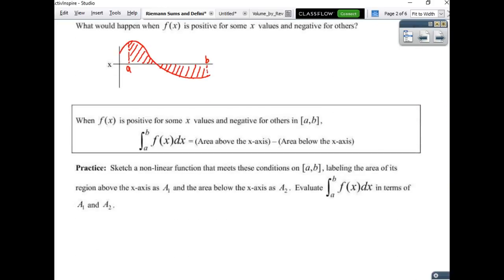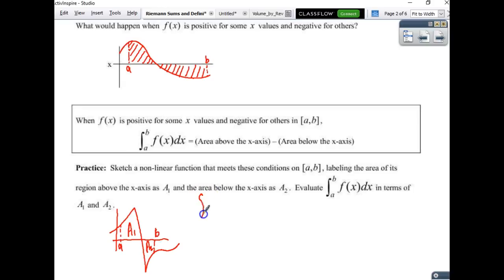So if I were to give you, say, some particular graph, I don't know, looks kind of freaky. And I've got some B, and I've got some A, and I tell you that the area above the x-axis is A1 and the area below the x-axis is A2.